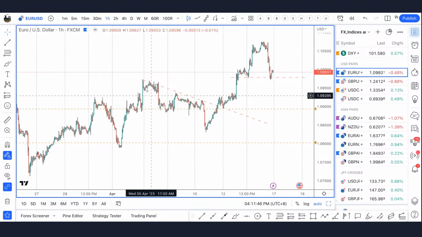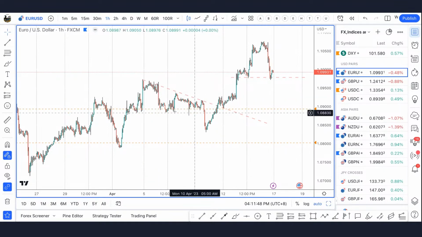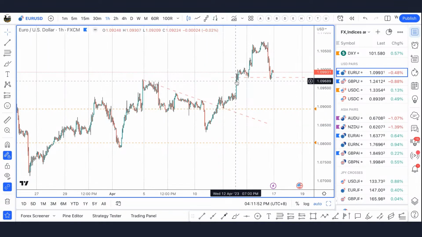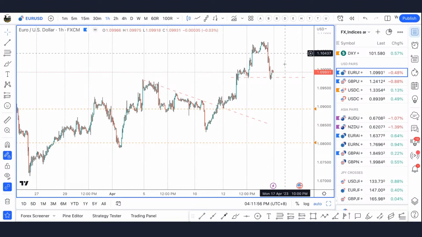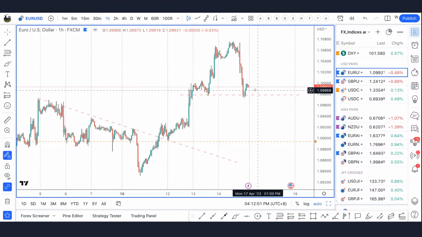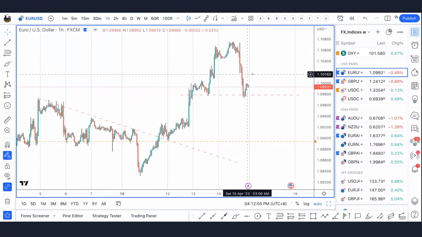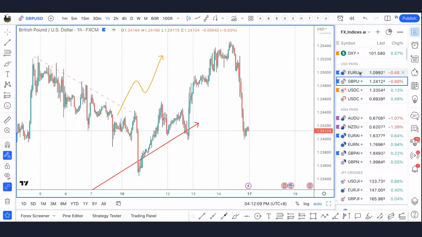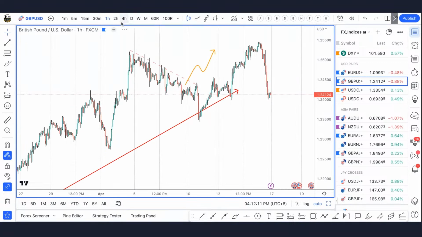You have a shoulder, the head, the right shoulder, and there's a breakout over here, but eventually it just went up further. For this coming week you might expect the same thing to happen again, and then just react accordingly to the price action. Okay, so that is on the Euro USD.